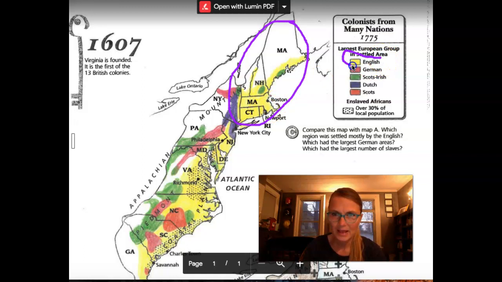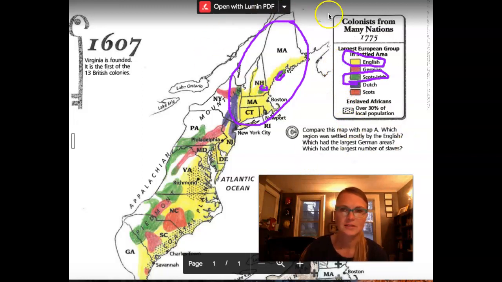It's not completely yellow, but it is pretty much mostly yellow, which means it is mostly settled by English people, so people coming over from England, which should make sense because it's called New England. I do notice that there's a little green here and a little green here. So there are a couple small communities of Scots-Irish living in the area. But overall, those New England colonies are predominantly made up by people who have come over on the ship from England.